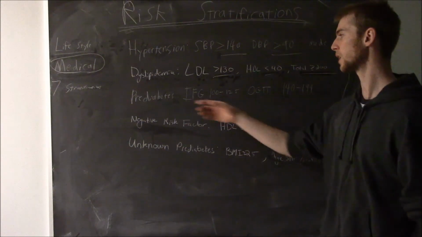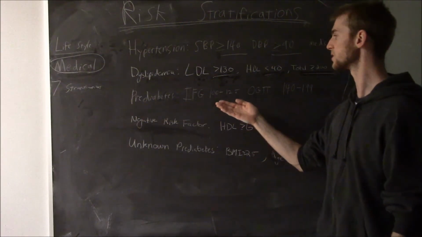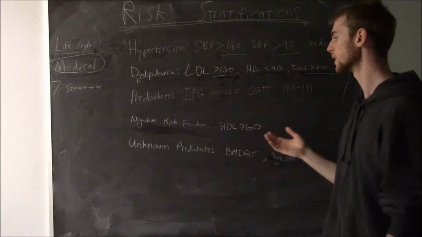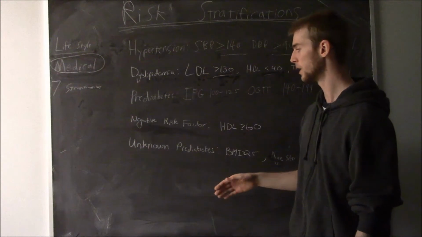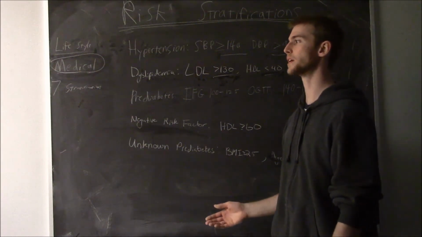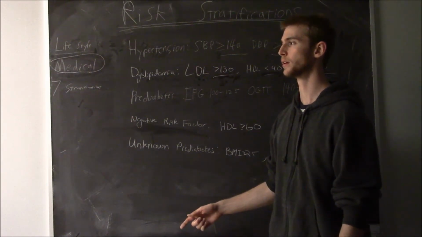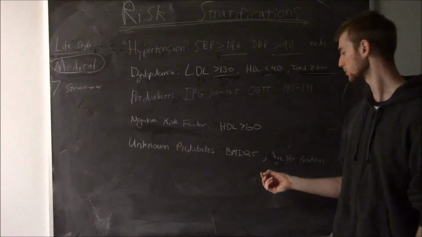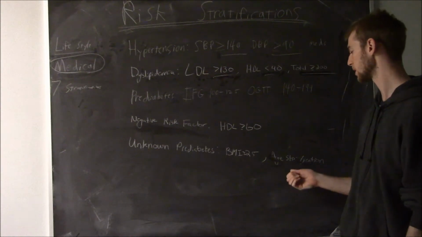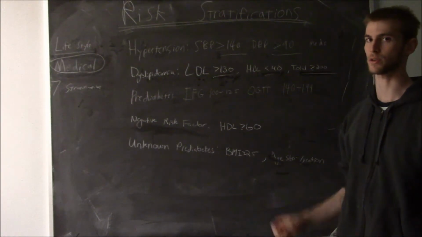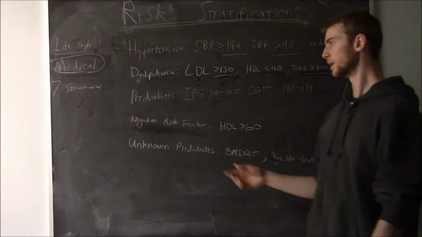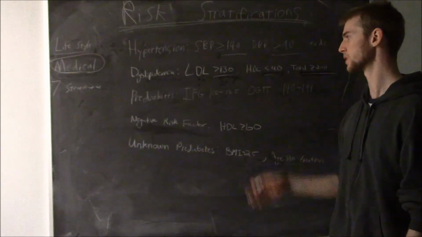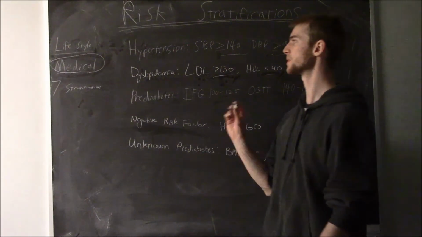So if your client doesn't know the answer to prediabetes, they don't know their impaired fasting glucose or their oral glucose tolerance test, you can basically find out that they would get a point for that category if they have a BMI of greater than or equal to 25, or they meet the criteria for the age risk factor. So if there's a check in the age category, then you put a check in the prediabetes category if you don't know their numbers. And that is risk stratifications.